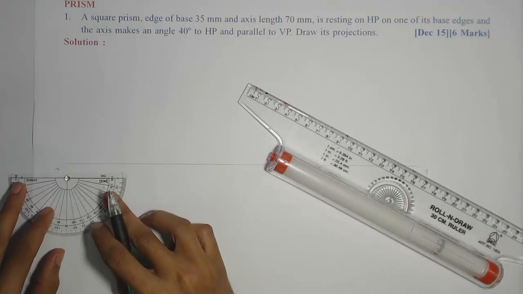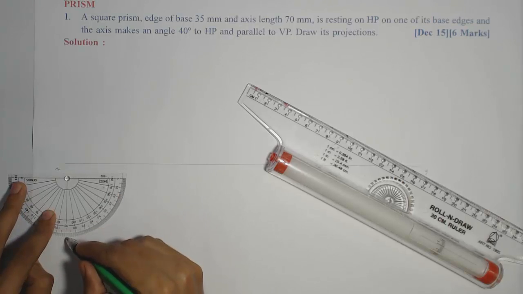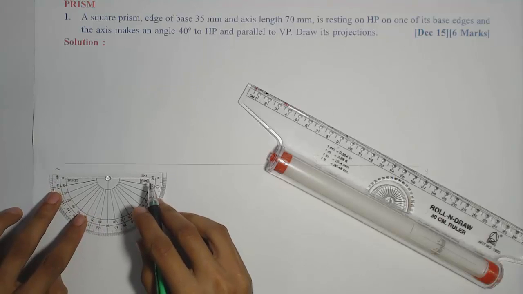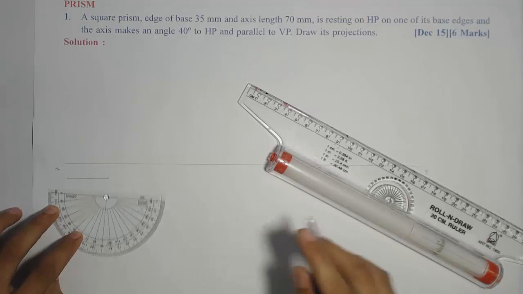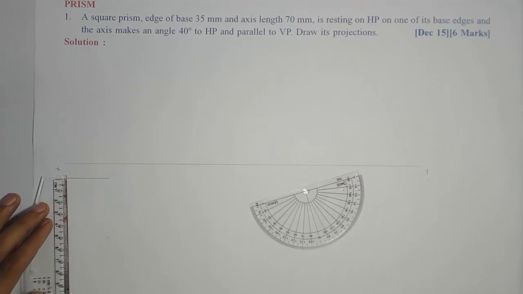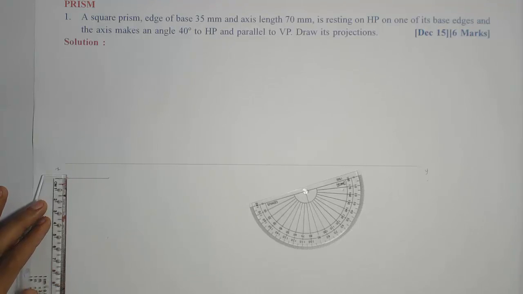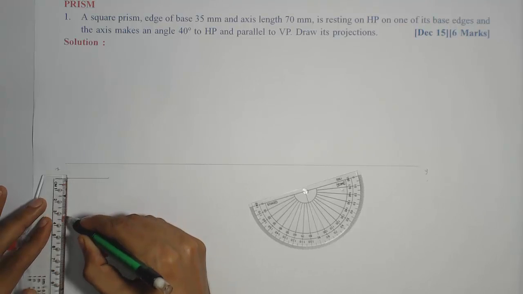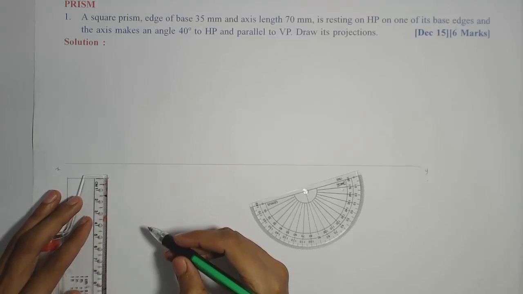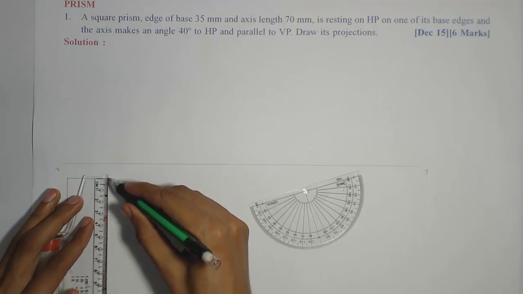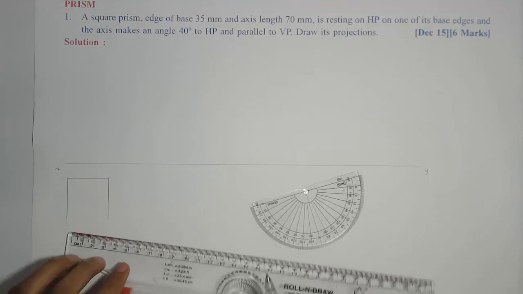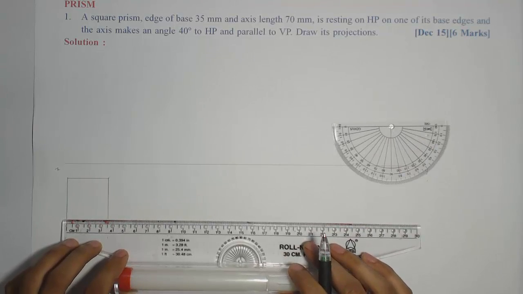Now I'll complete the square, again producing up to 35 mm. So this should be 35 mm.